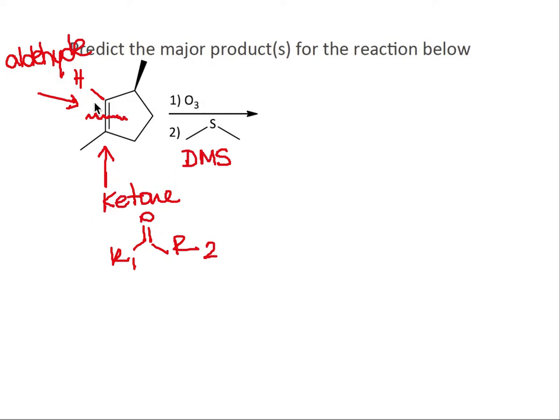And the reason why the top part is going to be an aldehyde and not a carboxylic acid is because of these conditions here, the reductive workup. So the first step is going to be cleavage with the ozone, and the second part is going to be that reductive workup.